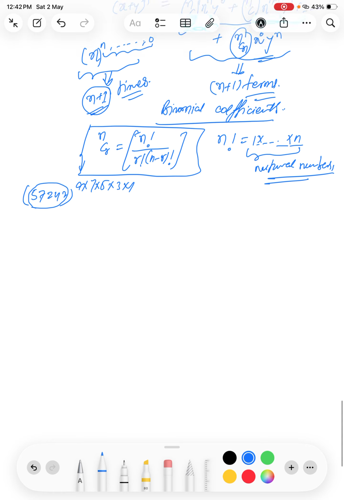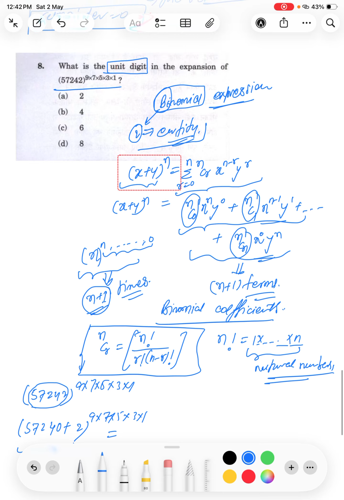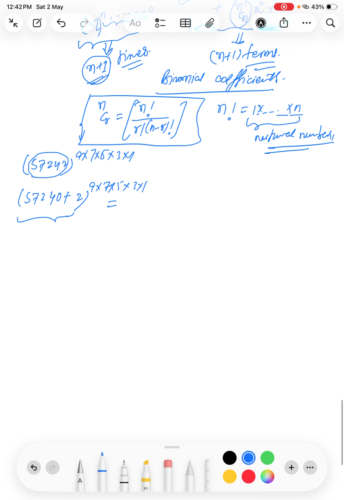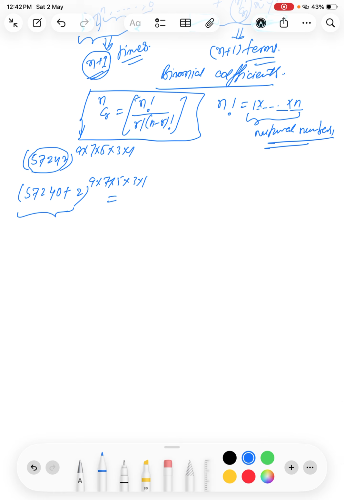Can we write this number as 57240 plus 2, to the power 9 into 7 into 5 into 3 into 1? If we expand this using the binomial theorem, we will get something like this.